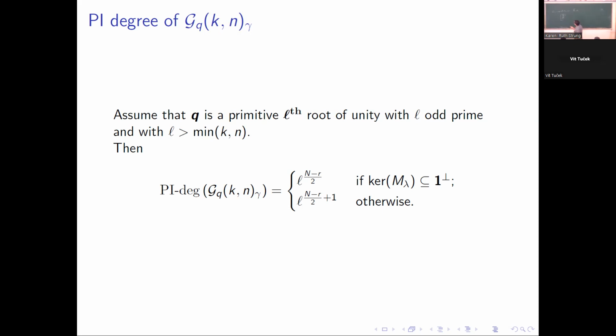Okay, but the conclusion is that we can compute the PI degree for these quantum Schubert varieties. It would be interesting to be able to do the same computation for quantum positroid varieties because it will give you invariants for your classical positroid varieties. But that seems to be the next step. Okay, I will stop here. Thank you.